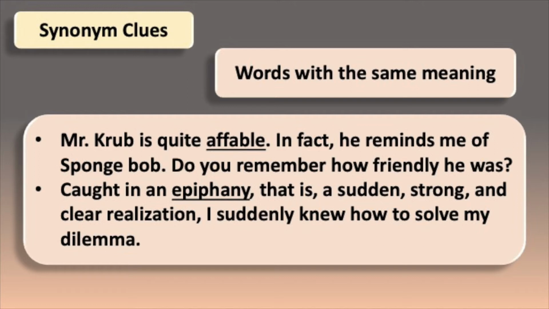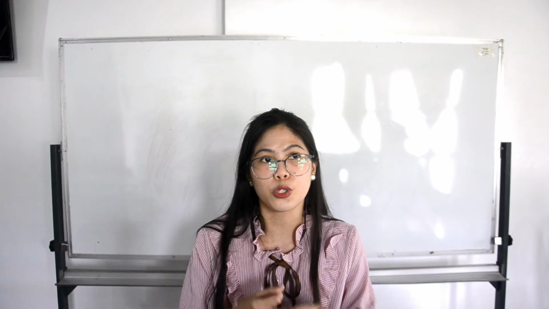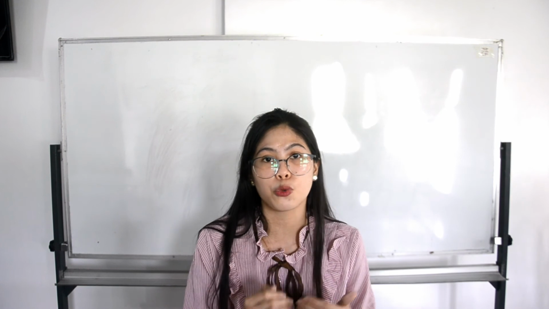Since we already have the words that is, it indicates that our clue in identifying the meaning of epiphany is through finding its synonym or its definition in the sentence. And those are the words sudden, strong, and clear realization. So epiphany means a sudden, strong, and clear realization.